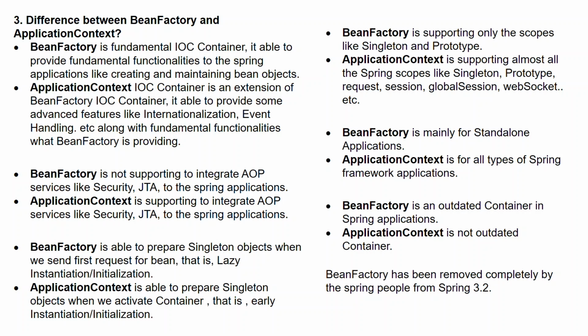ApplicationContext is for all types of Spring Framework applications. BeanFactory is an outdated container in Spring applications. ApplicationContext is not an outdated container. BeanFactory has been removed completely by the Spring people from Spring 3.2.